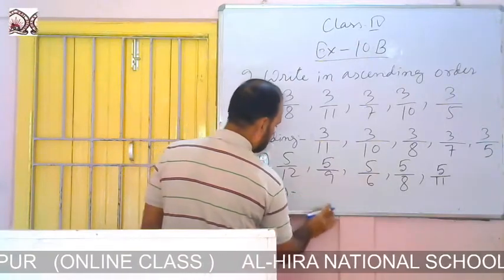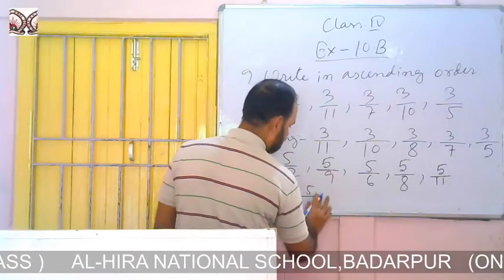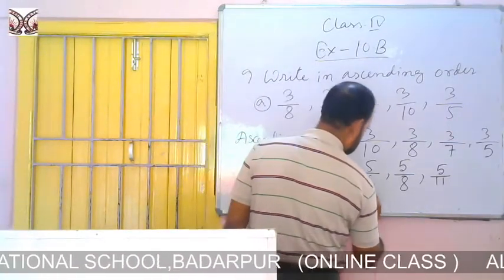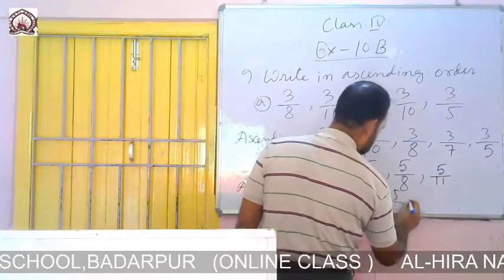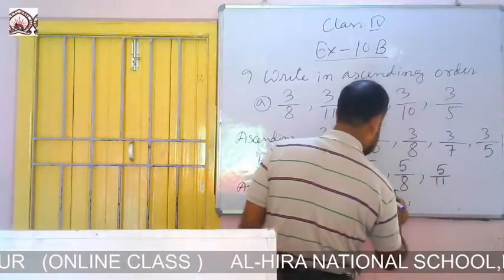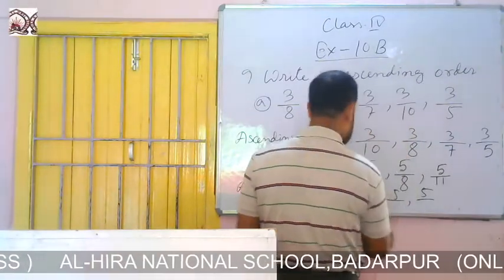Ascending order. So here we write all numerators 5, 5, 5, 5, 5, because numerators are same.